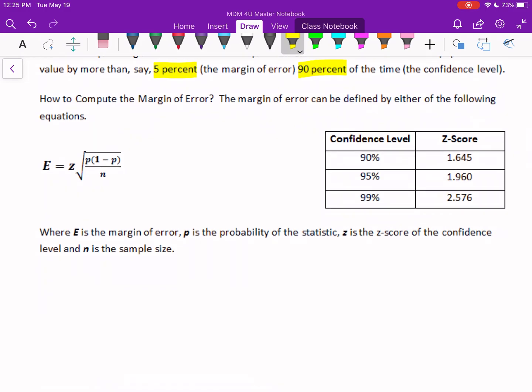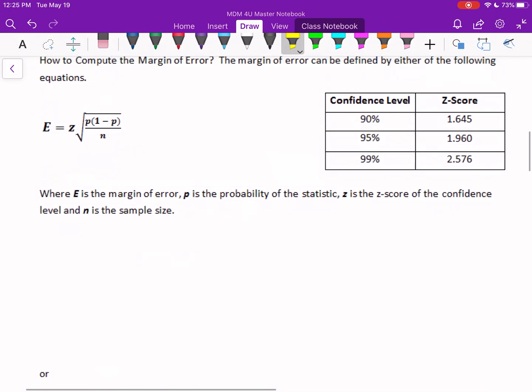There's two ways to measure the margin of error that we just talked about, and it depends on what values we have given to us. Here's the first formula.